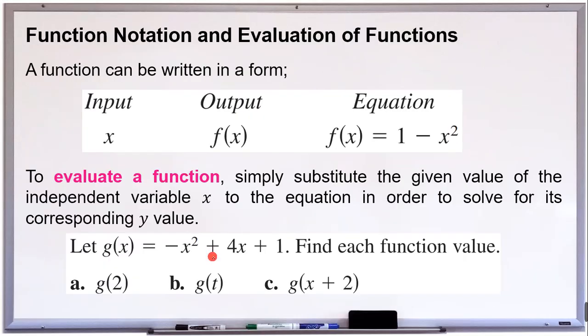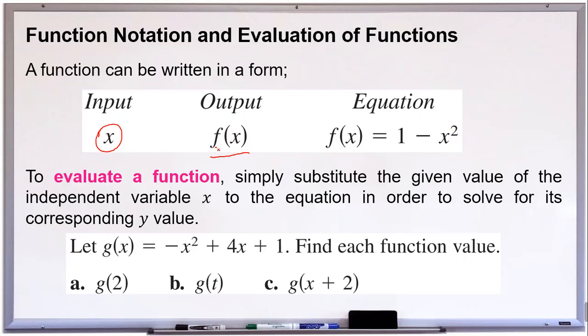Okay. So next we'll proceed to function notation and evaluation of functions. A function can be written in a form. For the input, the commonly used letter is x. Now for its corresponding output, we have this notation f of x.